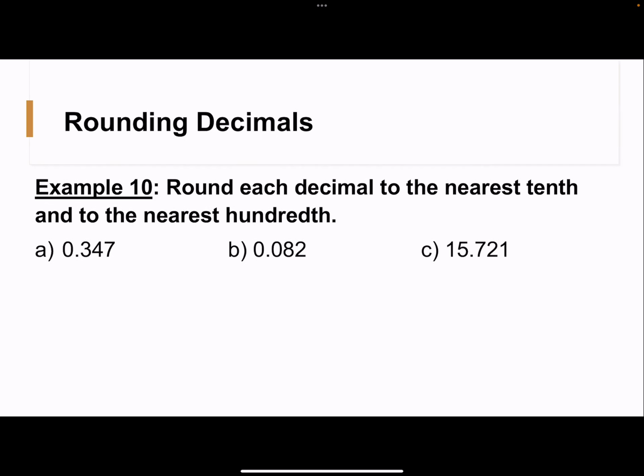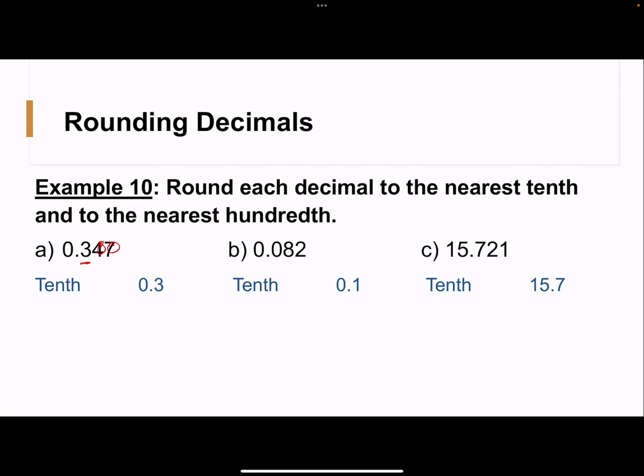Let's do a few more to practice. We're going to round each decimal, first of all, to the nearest tenth, and then we're going to go back and round it to the nearest hundredth. So if I look at my first example, 0.3, I look to the right, and because that 4 is 4 or less, that 3 stays the same, and then all these become zeros.